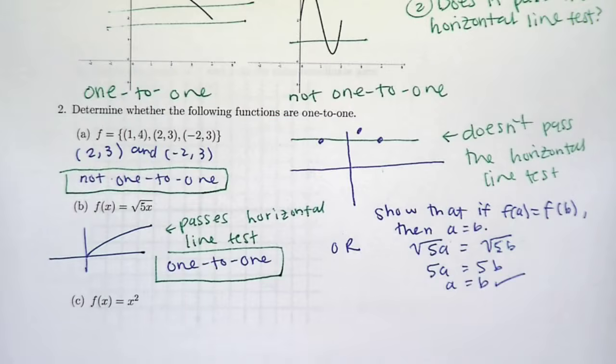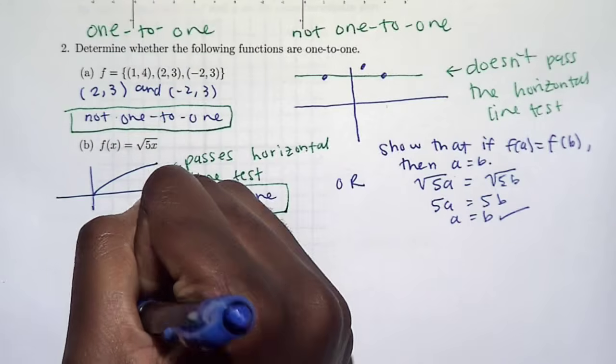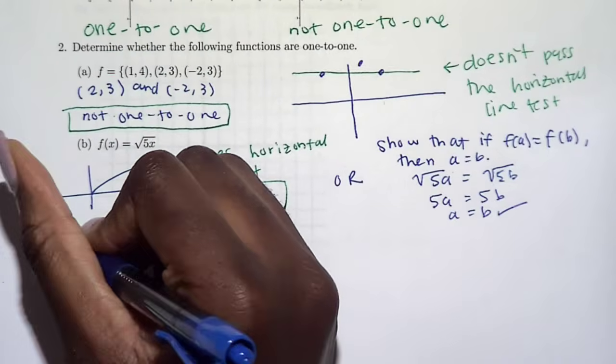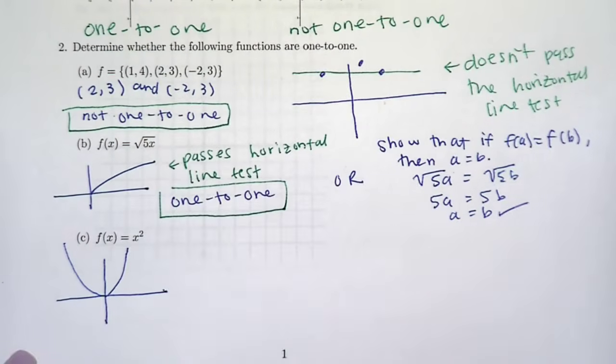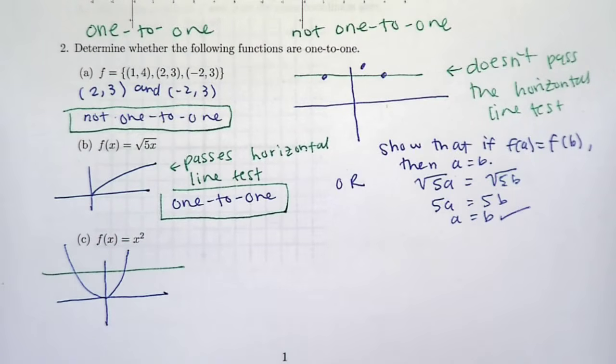All right, let's look at x squared. Again, knowing what graphs look like will really help. X squared looks like this. Does this pass the horizontal line test? No, it does not.